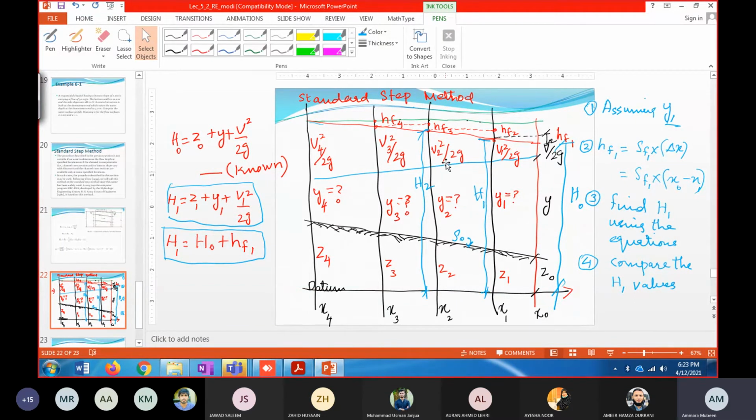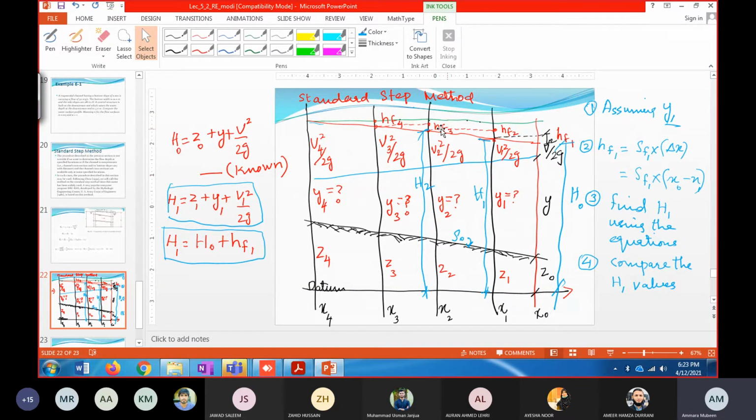Similarly, you will proceed for the rest of the Y values, following all these steps every time. For Y2, first assume Y2 and then calculate HF2, which would be the head loss between section 1 and section 2.